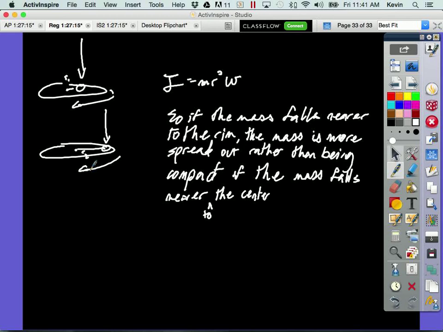This R for the ball right there is like 2, and this one would be like 3. If the mass is like 1, then this one is bigger than that one. Okay, but why does that make it slow down?